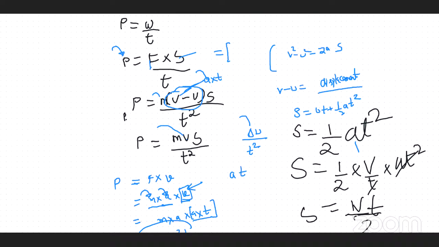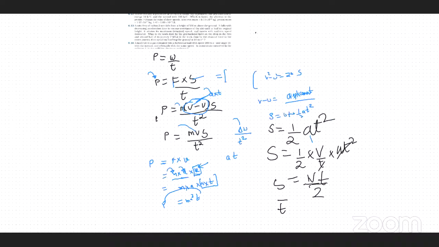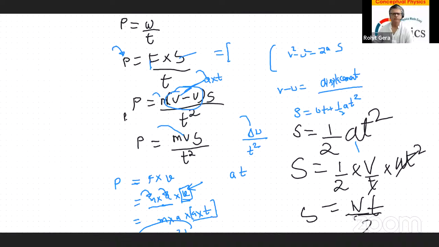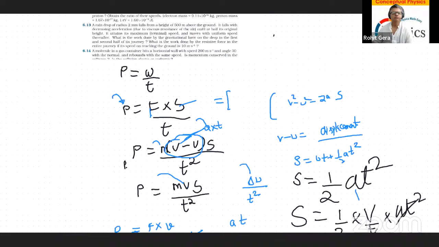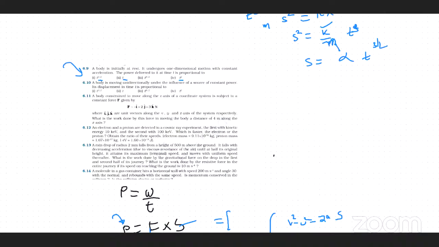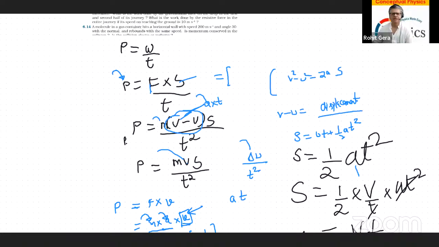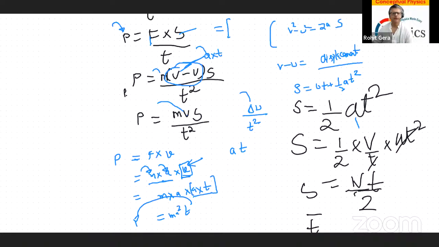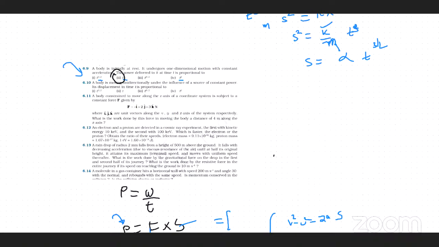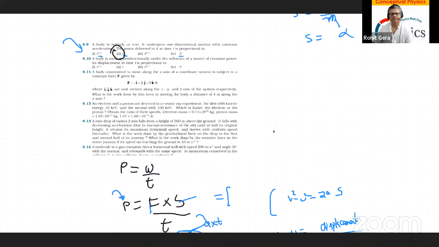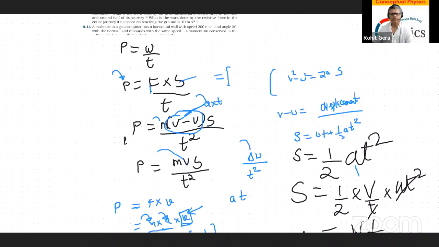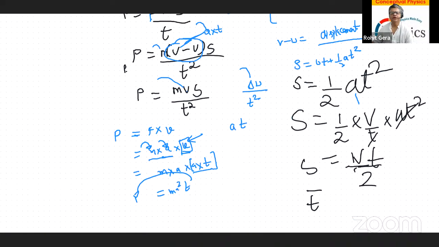Okay. So P is directly proportional to t. a is fixed, a is constant, mass is constant, P is proportional to time. मतलब it's a variable power being delivered.